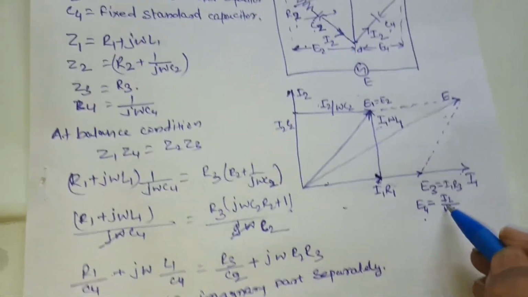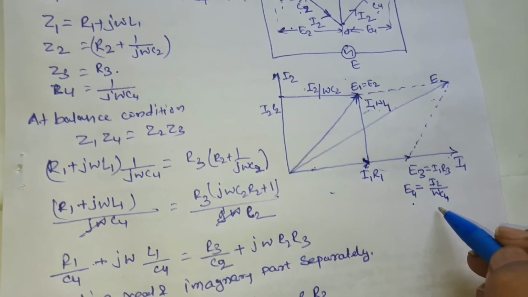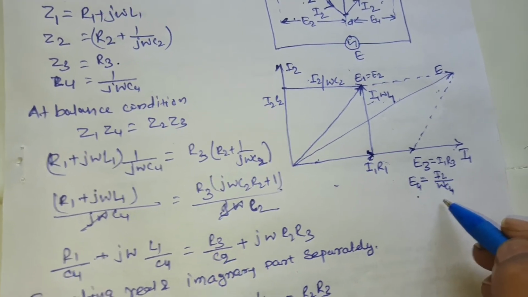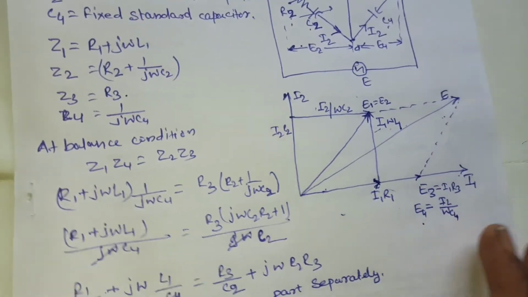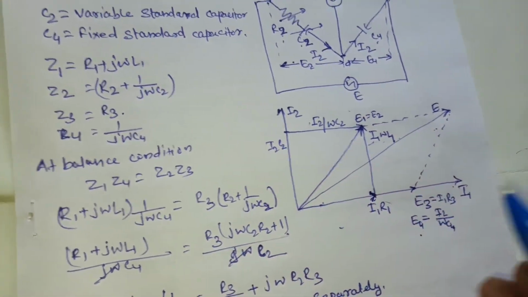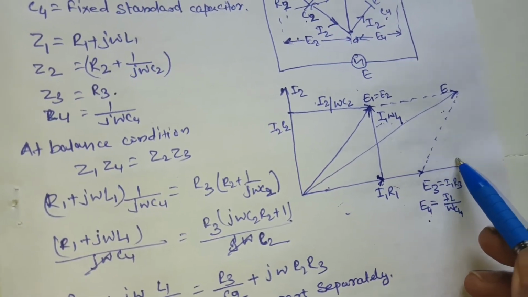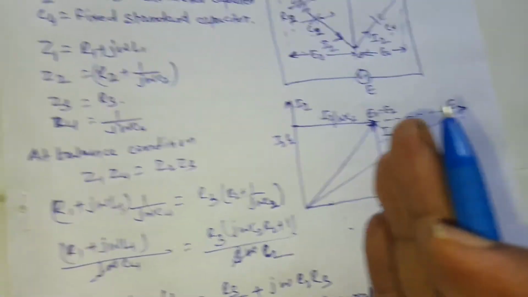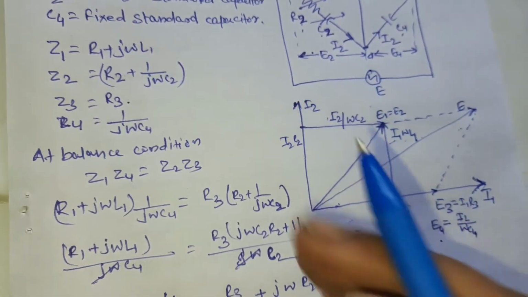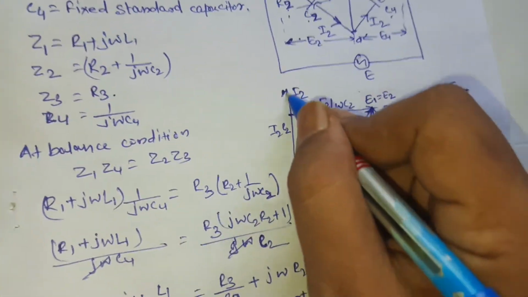So E4 is equal to I2 by j omega C4. So if E4 is in the line of I1, in phase with I1, then I2 must lead by 90 degrees.